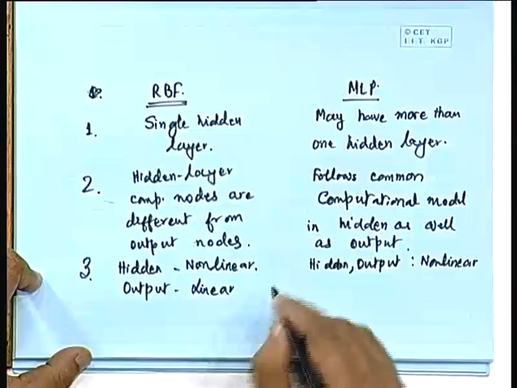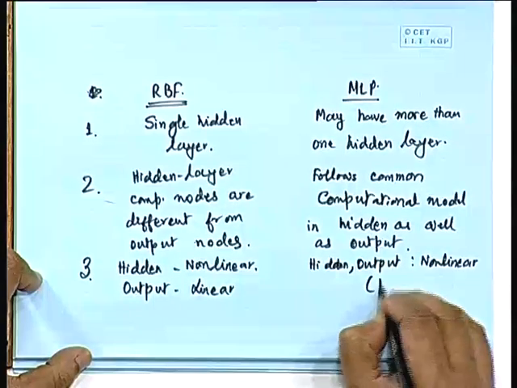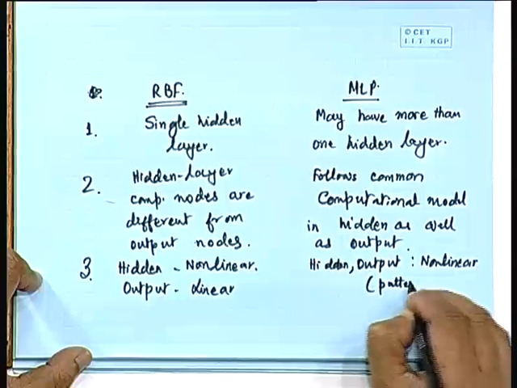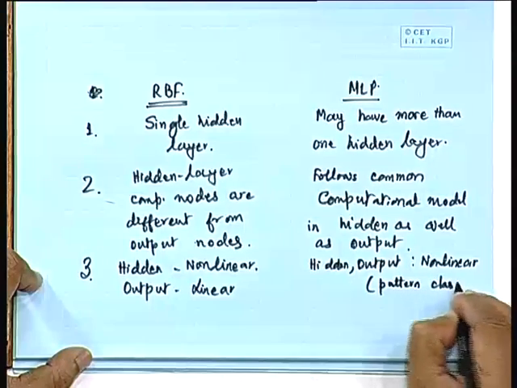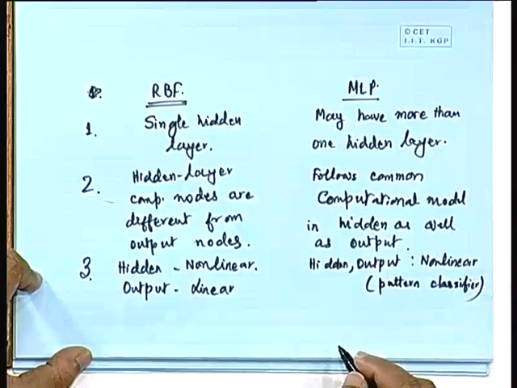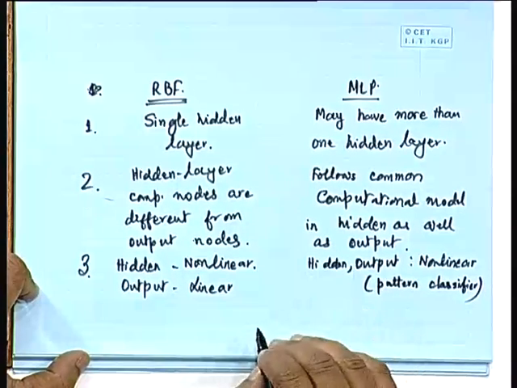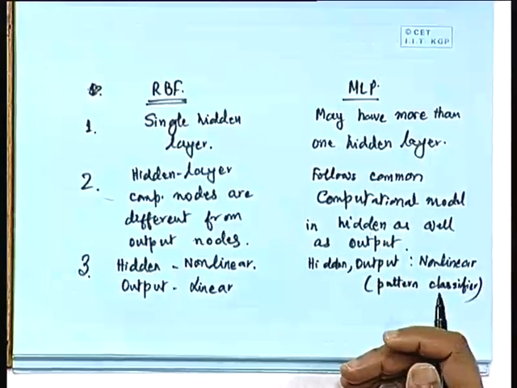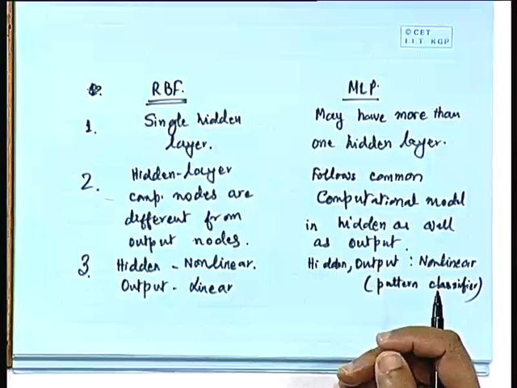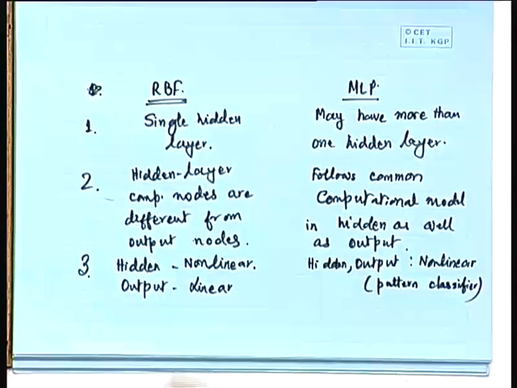Although in nonlinear regression, this is actually true when we are using the MLP as a pattern classifier. As a pattern classifier, we will be using both hidden layer and output layer as nonlinear. MLP can be used for pattern classification problems where the purpose is to just divide the patterns into a number of known classes.